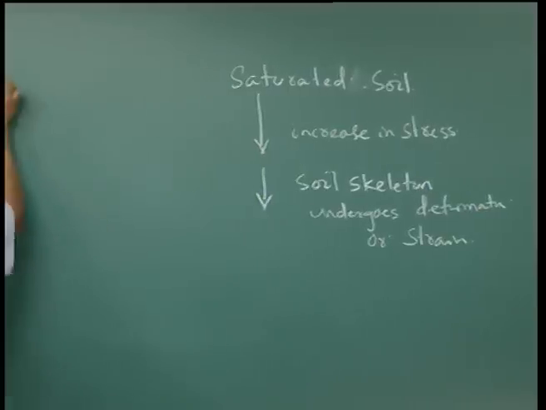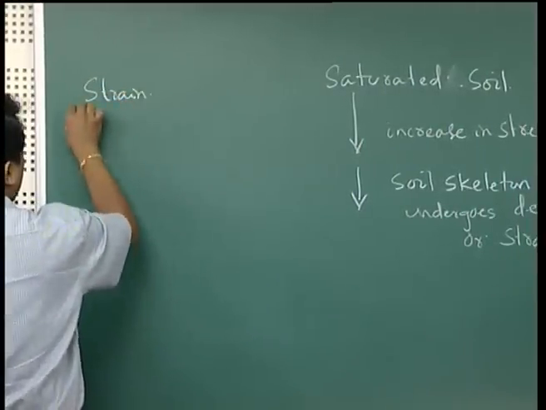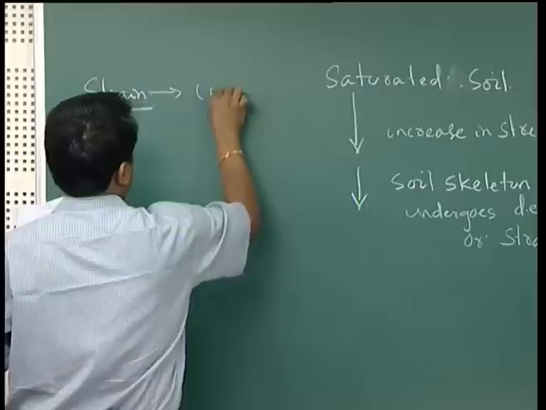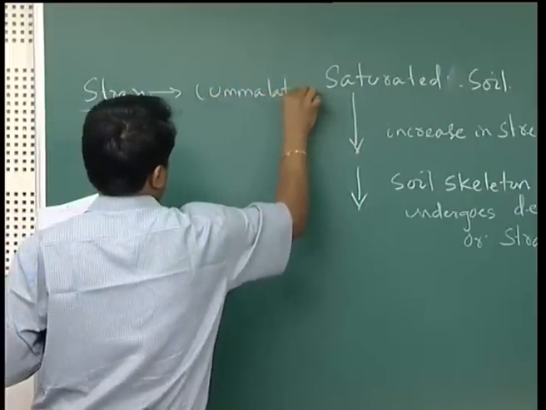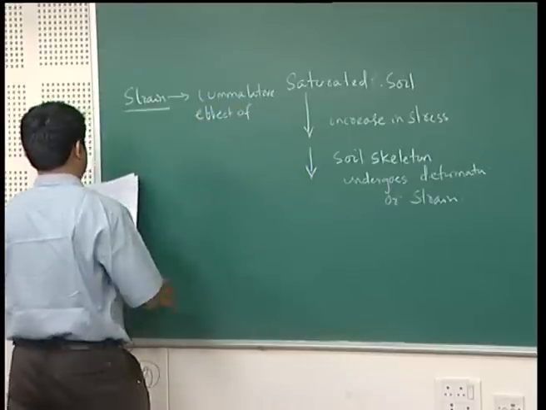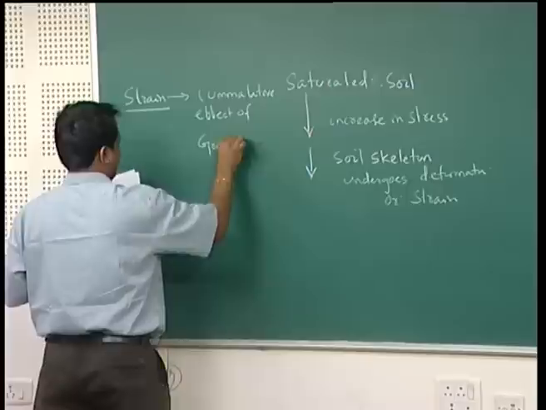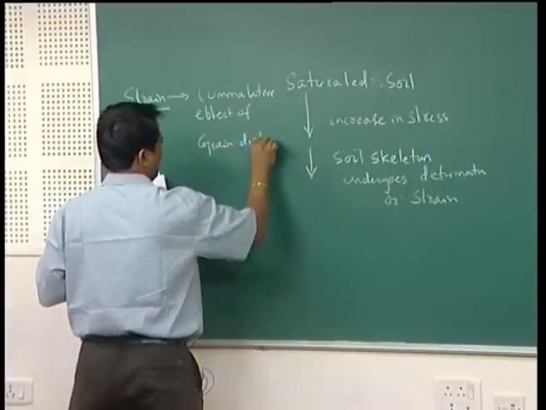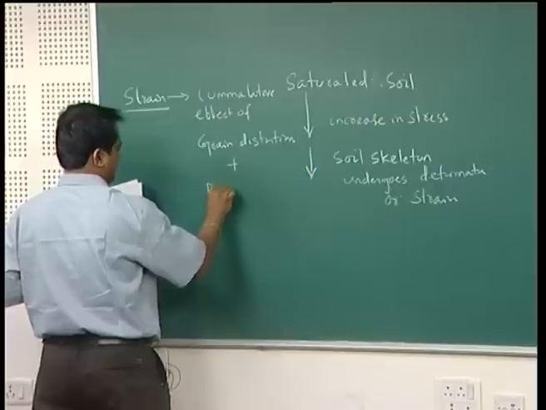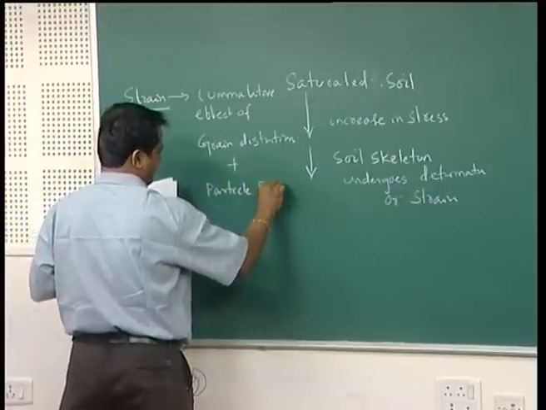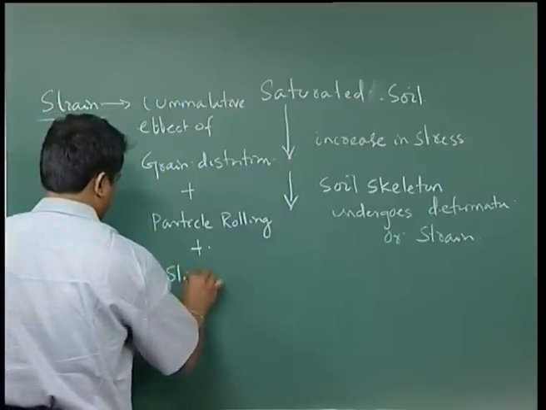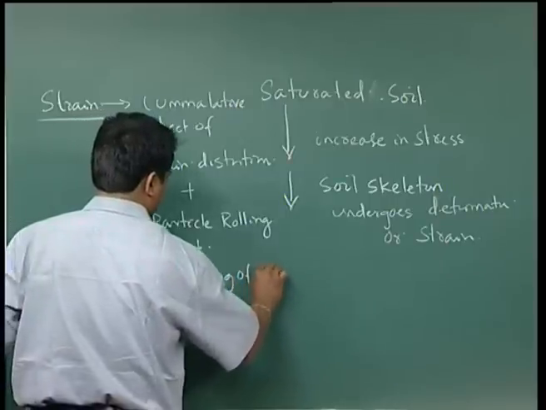Now, come back to strain. It is the cumulative effect of one, grain distortion, then plus particle rolling, then plus slipping of particles.